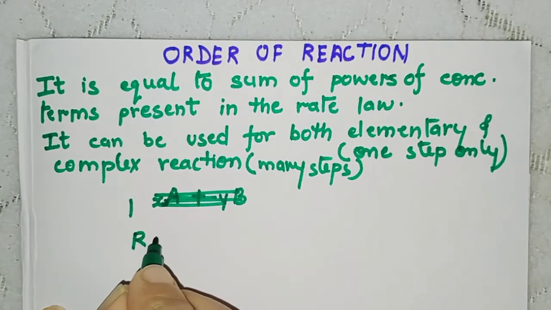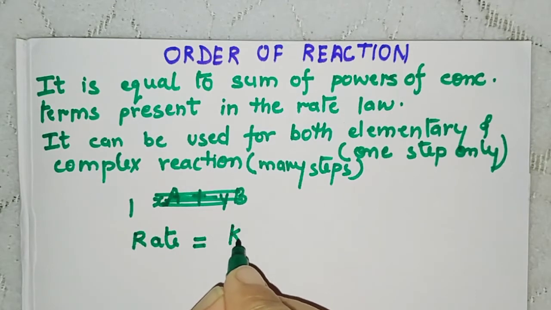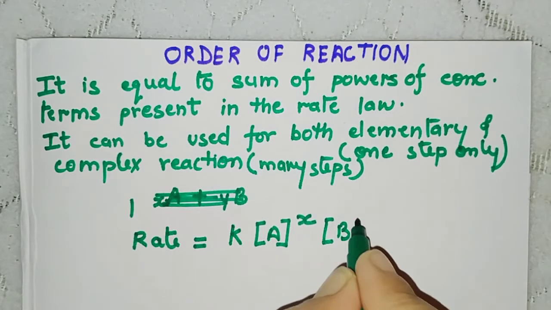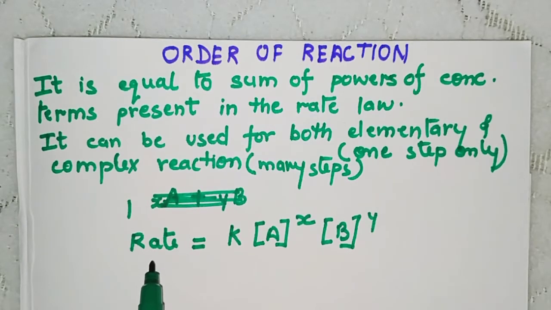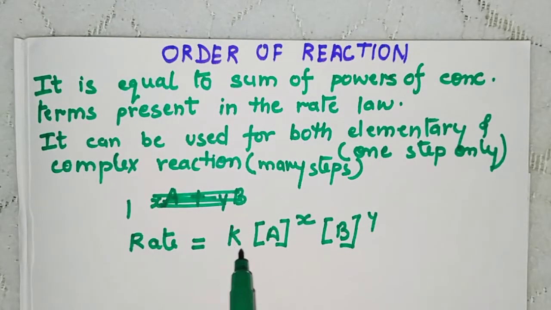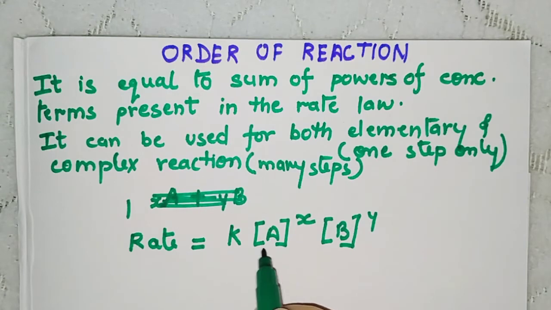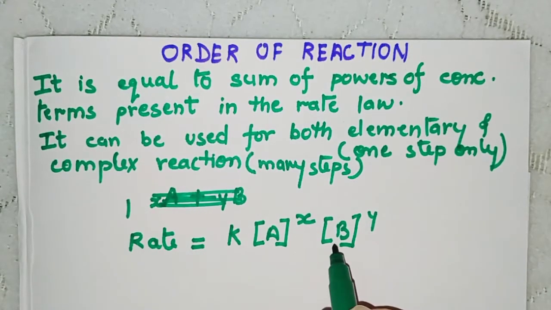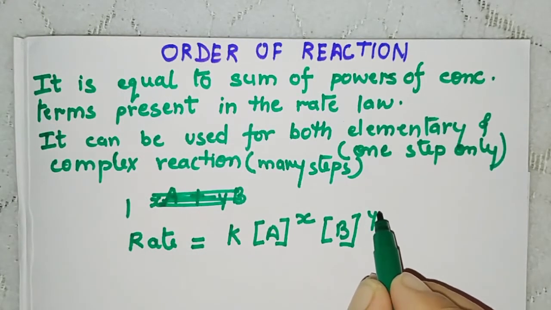Suppose we have a reaction in which the rate is equal to k[A]^x[B]^y. So what it says is that the concentration of A is sensitive or dependent on this value x, and the concentration of B is sensitive or dependent on this value y.